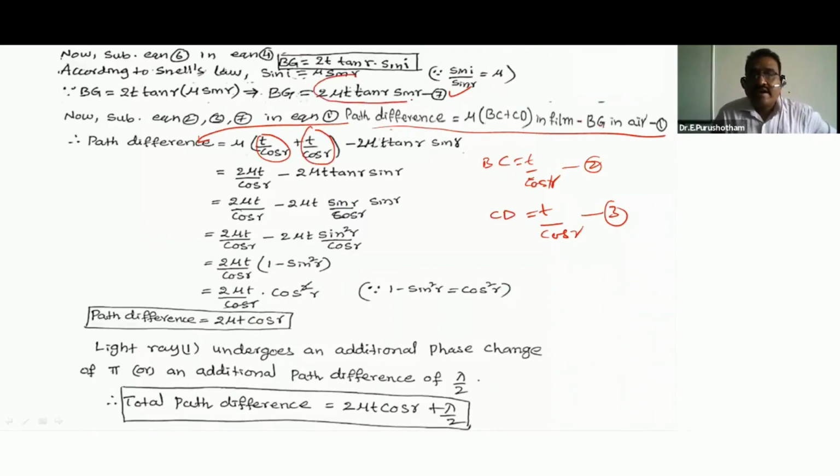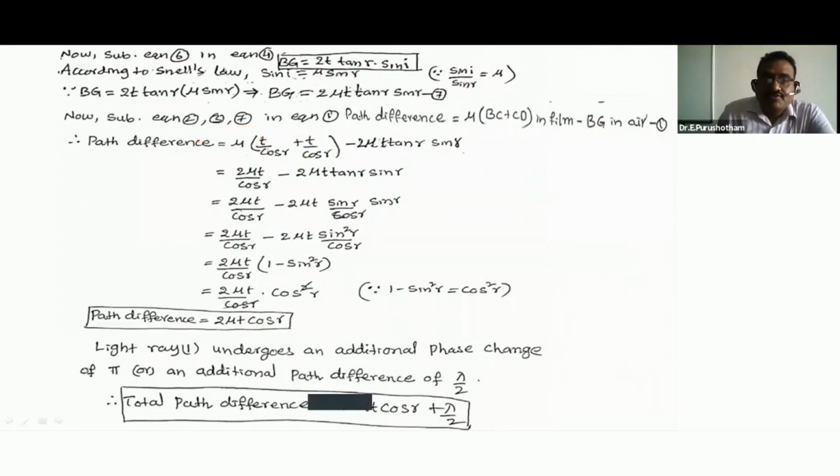From equation 7, 2 mu T tan R sin R. So we can write this as 2 mu T, and T by cos R plus T by cos R is 2T by cos R inside, so 2 mu T cos R minus, as it is, 2 mu T.